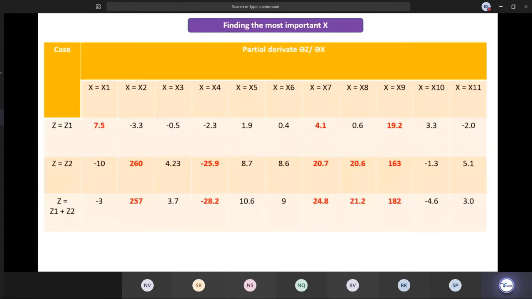Based on the theory that the partial derivative which has the highest absolute value is the most important parameter, in this part we're trying to find the most important x. A larger partial derivative indicates that a small change in the feature will lead to a significant change in the output.